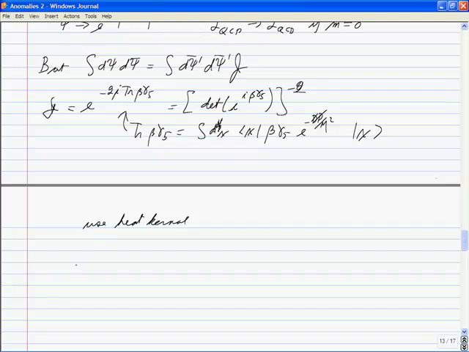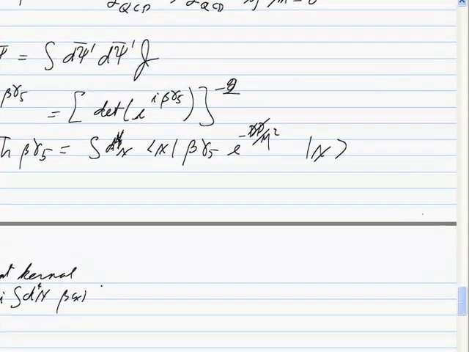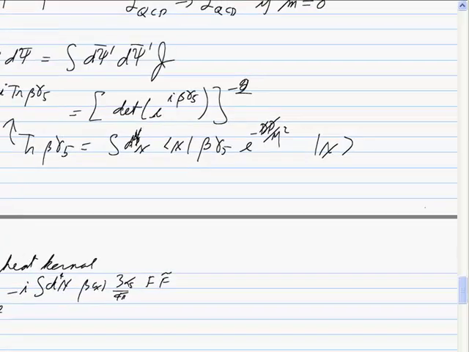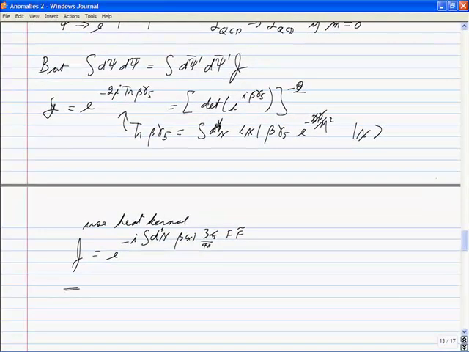And you end up with the Jacobian being e to the minus I integral d4x beta of x, 3 alpha strong over 4 pi ff dual. Which you then do the same analysis that we did before.